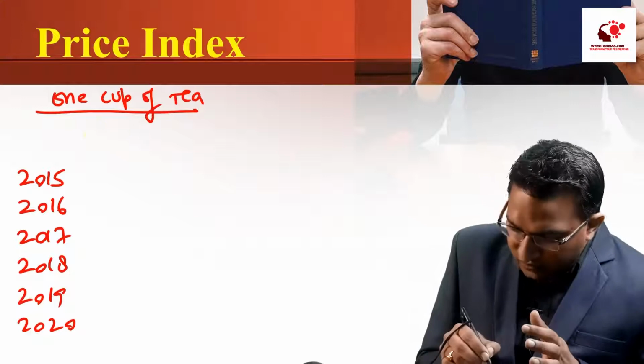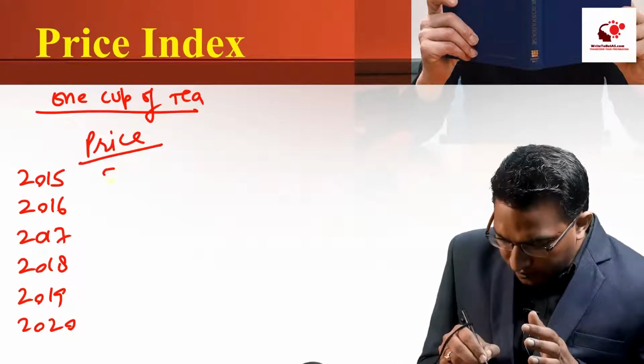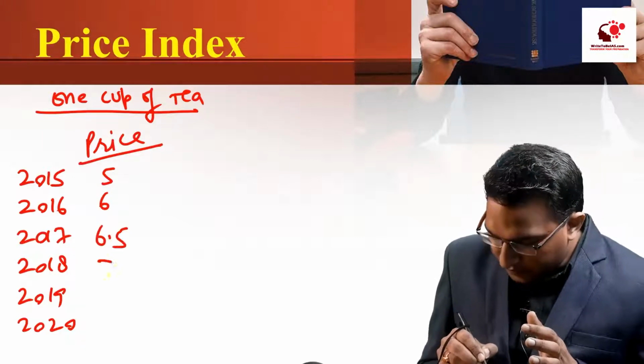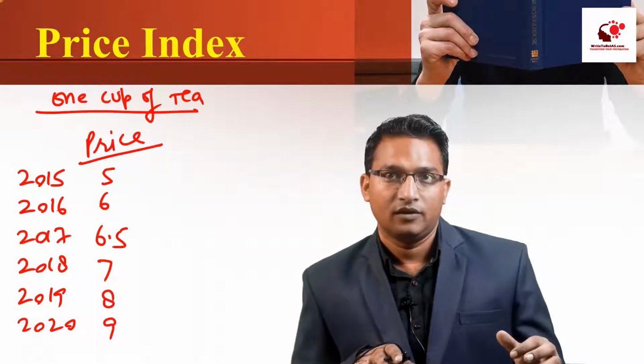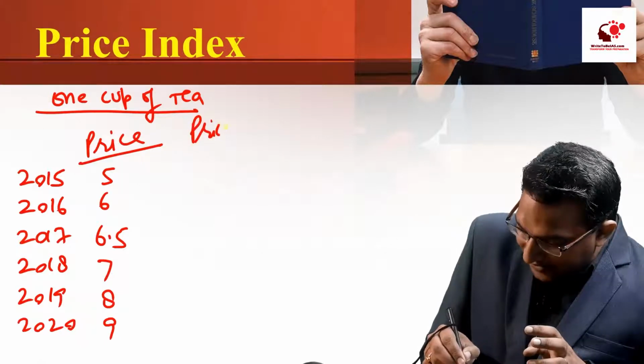The prices are 5 rupees, 6 rupees, 6.5, 7 rupees, 8 rupees and 9 rupees. Now let us calculate the price index.